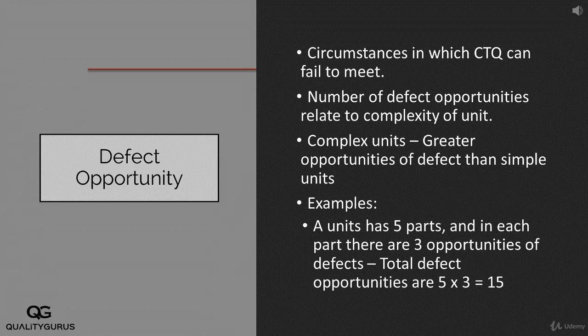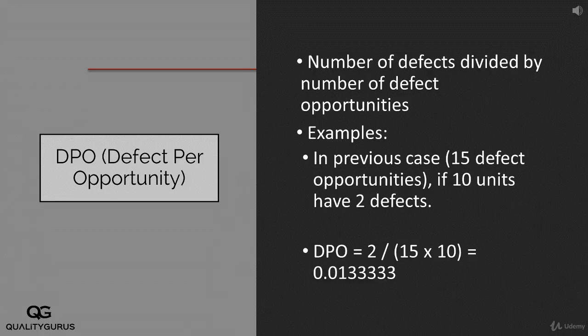Then what we can calculate here is that 5 parts multiplied by 3 gives us 15 opportunities. So in this full water bottle, there are 15 places where things can go wrong. That means there are 15 opportunities for defects. So that's defect opportunity. Now let's take an example from the assembly line which is making these water bottles, which has 15 opportunities of defect.